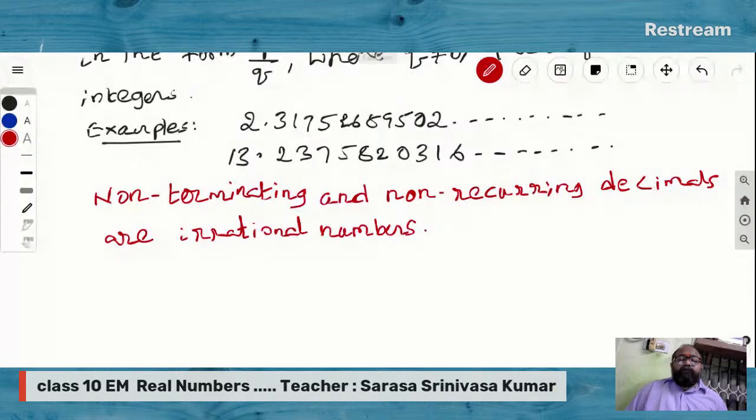So this is about irrational numbers. And when we consider some more examples.